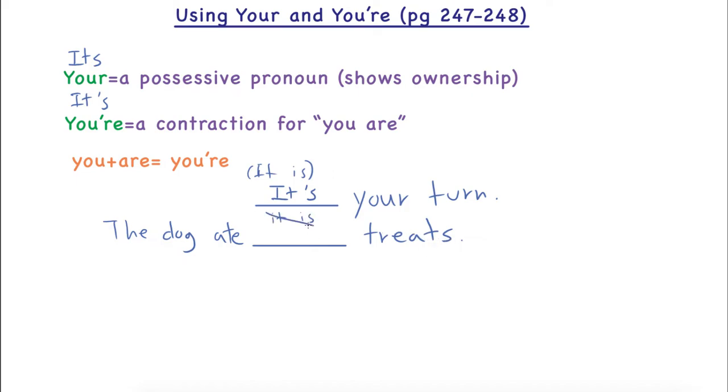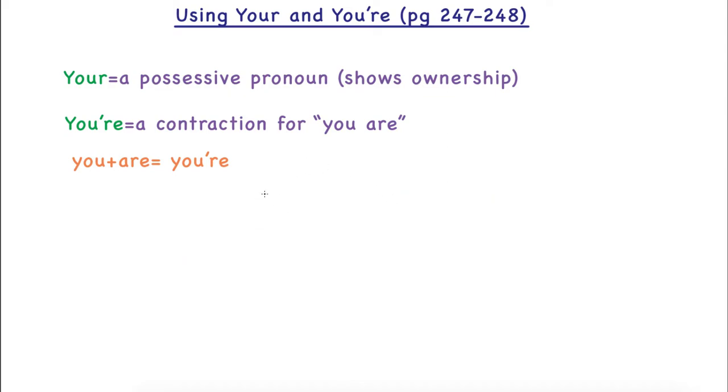No, that does not make sense. If it doesn't make sense, I use the one without the apostrophe, so it's I-T-S, no apostrophe. I can do the exact same thing with your, but instead of doing "it is," I'm doing "you are," the "you are" test.